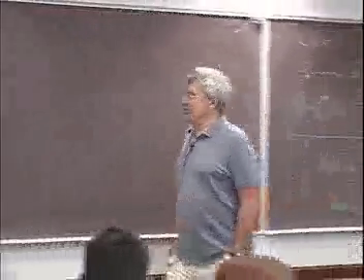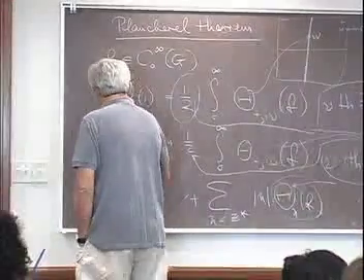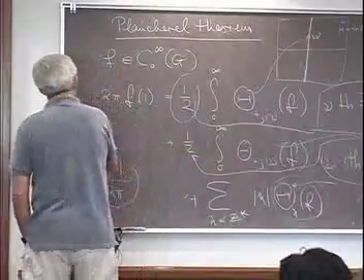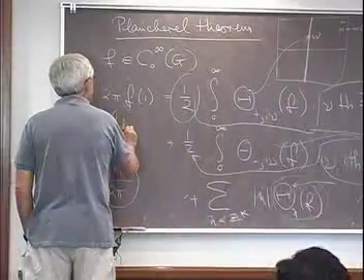So this number, absolute value of n divided by 2 pi, is usually called the formal dimension.